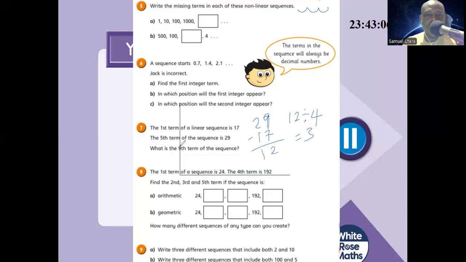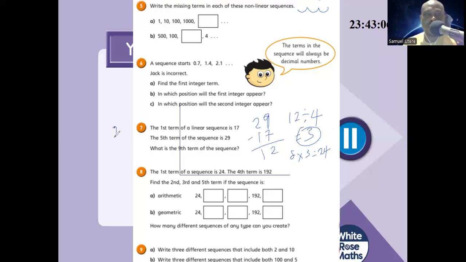To get from the first term to the ninth term, there's always one less, so we have 8 lots of the constant difference, which is 3. 8 times 3 is 24. So to get to the ninth term, we add 24 to 17.